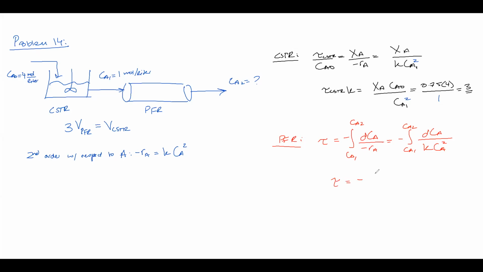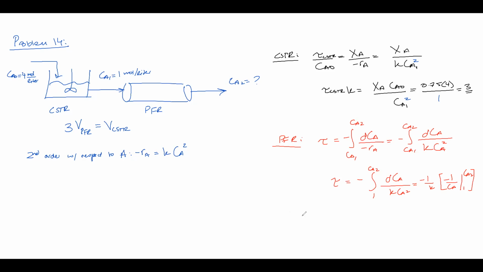So now if I write this expression, I'm going to get tau is equal to minus integral from CA1, which is 1, to CA2, which is what I'm solving for, dCA over K CA squared, and this will be minus 1 over K into minus 1 over CA from 1 to CA2, right? Again, the integral of 1 over CA squared is minus 1 over CA.